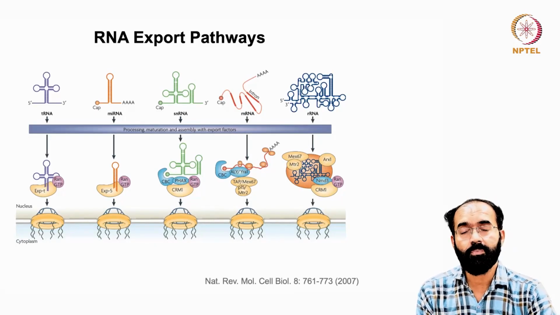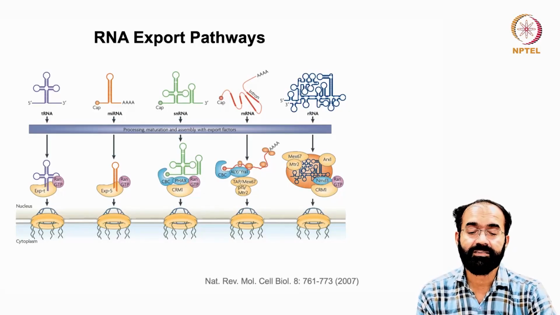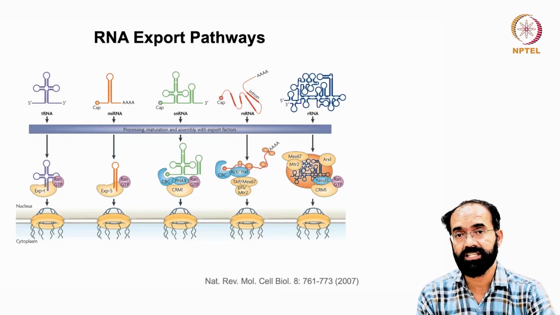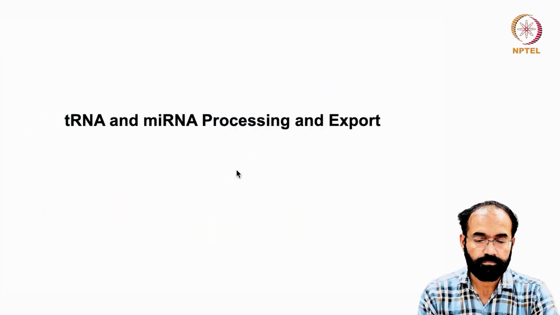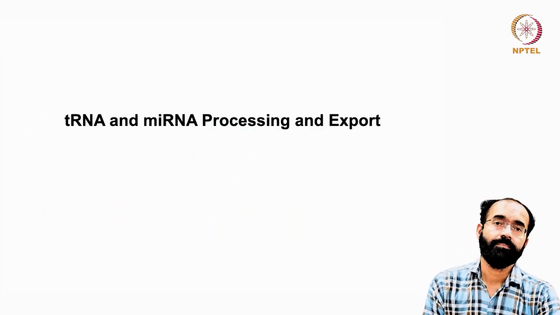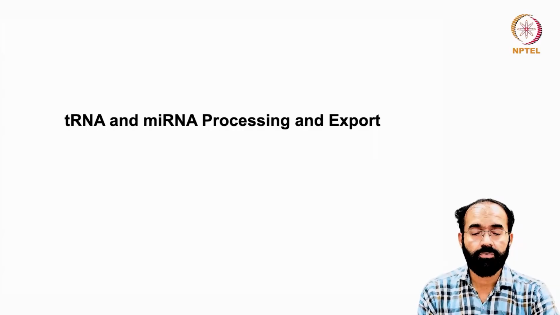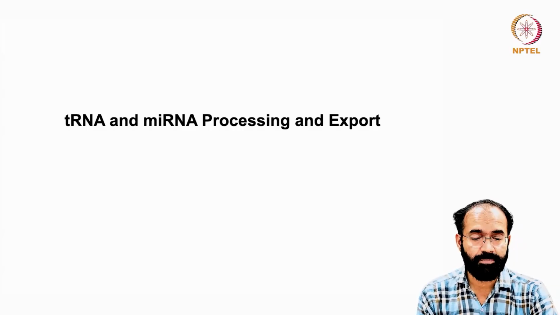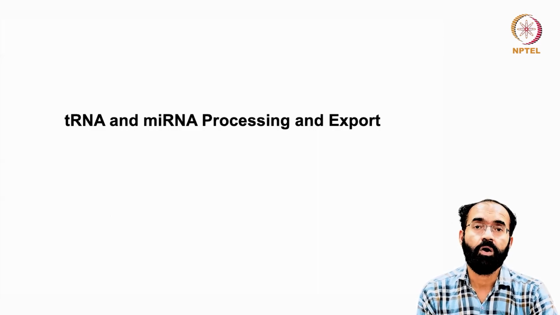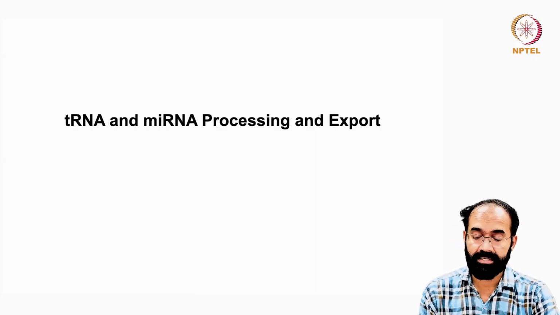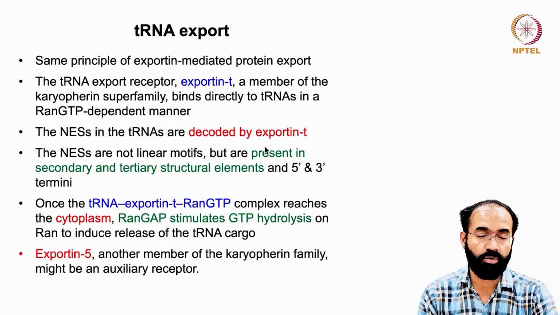And nuclear pore complex proteins also interact with specific proteins associated with this RNP. So let us see individually how different RNA species are transported. Do they have anything in common or are they unique? Let us see transfer RNA and microRNA processing and their export through the nuclear pore complex.